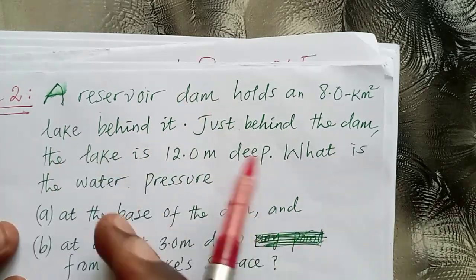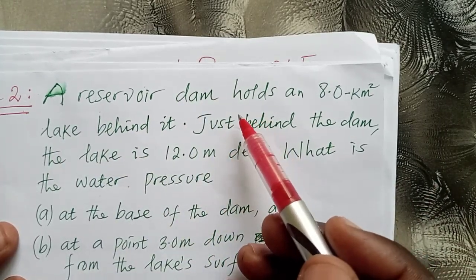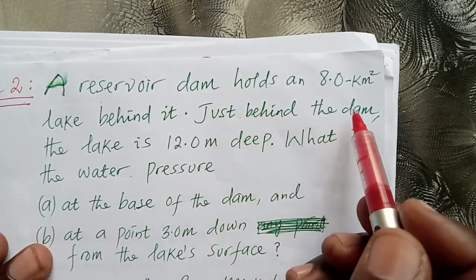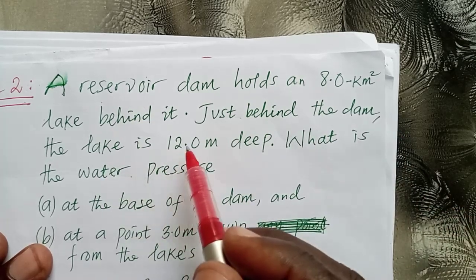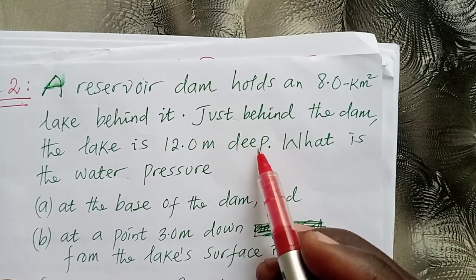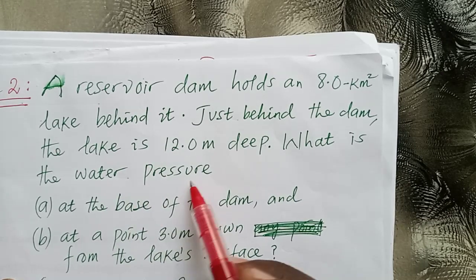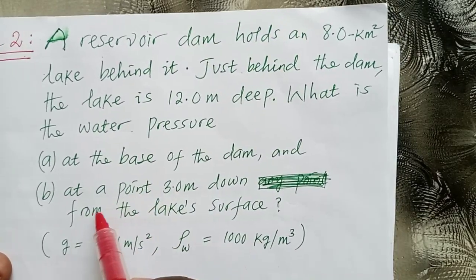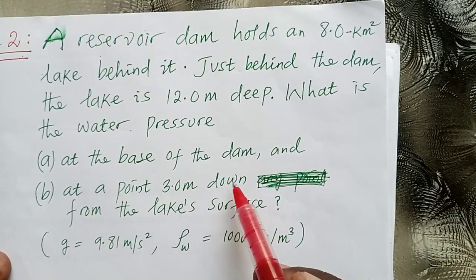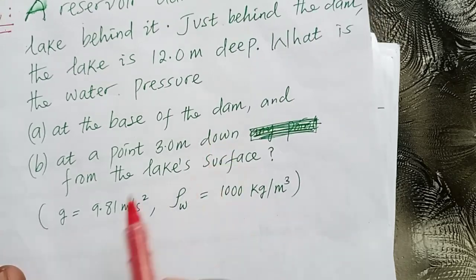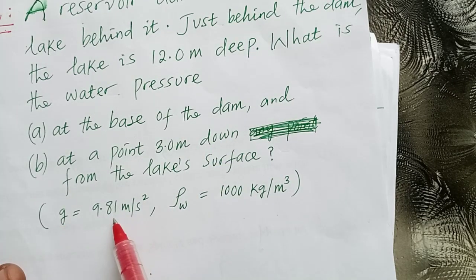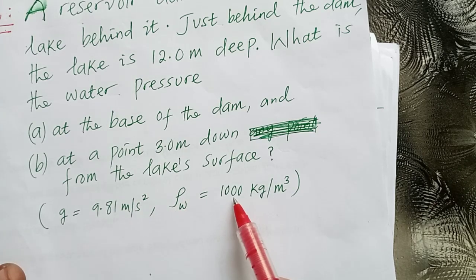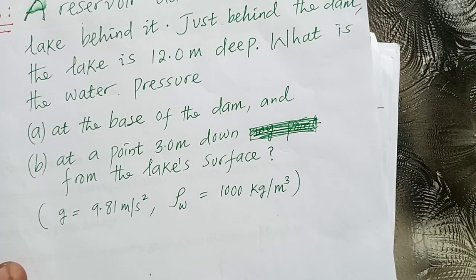Behind it, you have a dam, and behind the dam, you have a lake, and then just behind the dam, the lake is 12.0 meters deep. What is the water pressure at the base of the dam, and also at a point 3.0 meters down from the lake's surface? The acceleration due to gravity is 9.81 meter per second square, density of water 1000 kilogram per cubic meter.